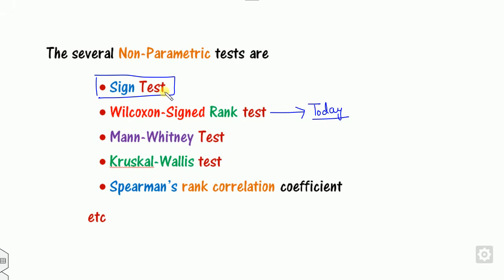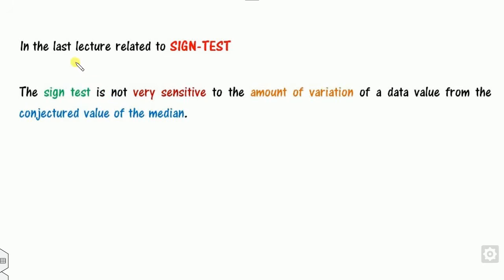What are the drawbacks of the sign test? First of all, the sign test is not very sensitive to the amount of variation. If you missed the last lecture, you can find the sign test in the description of this video. Say my numbers are here and I want to apply H0 median as 11.